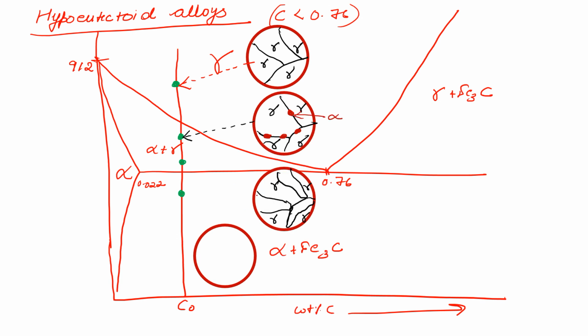Okay, and then if we go on cooling it further, what we will be having is separate laminar colonies of alpha.